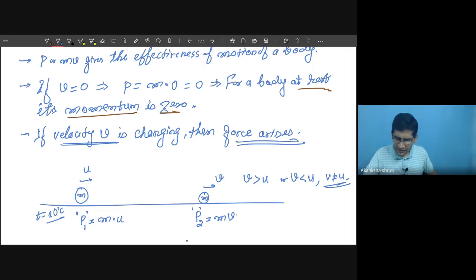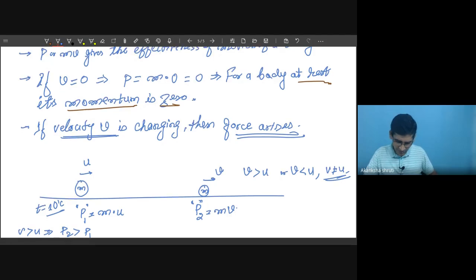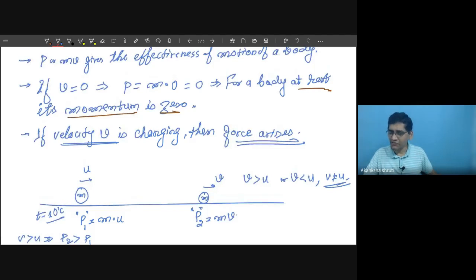Okay, students. Now what is the difference between these two? Here let me consider v is greater than u. This implies momentum 2 will be greater than momentum 1. Now, while momentum 2 is greater than momentum 1, this difference, P2 minus P1, can be calculated.